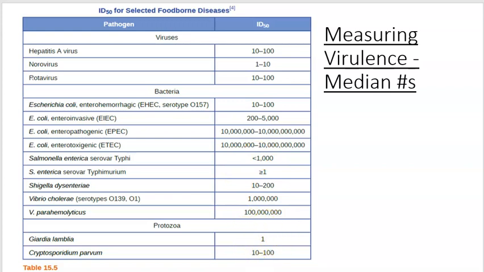So a lot of variation, but it gives you some idea that we do get different numbers. If you look at Vibrio, these are ones that are being transmitted via the fecal-oral route. So you're going to find a lot of these bacteria floating around in the water for people to consume.